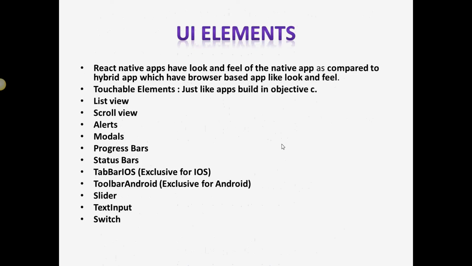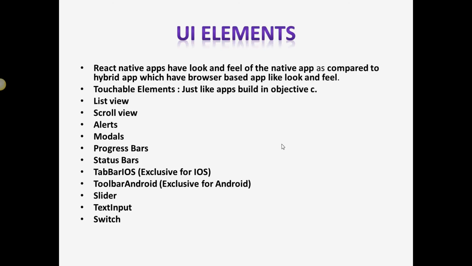Any app that you are going to create consists of design elements. React has its own design elements, so you just need to use those to make your mobile apps. Just like on other platforms, you have list view and scroll view.